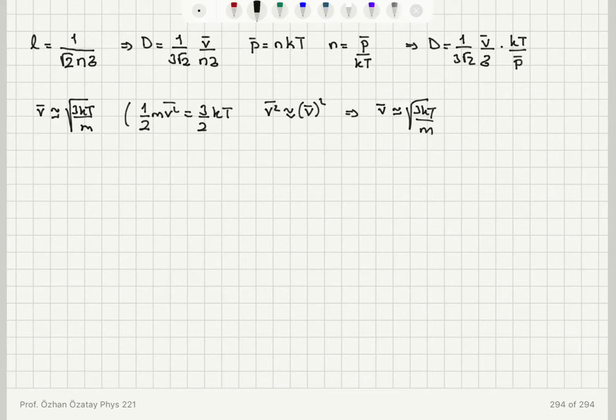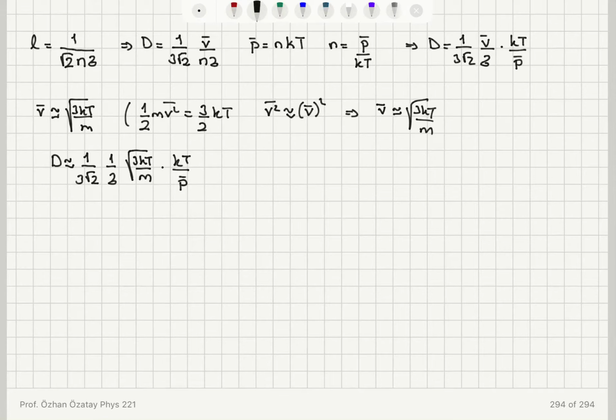The coefficient of self-diffusion becomes 1 over 3 square root 2, times 1 over sigma, times square root of 3 kT over m, multiplied with kT divided by the mean pressure.